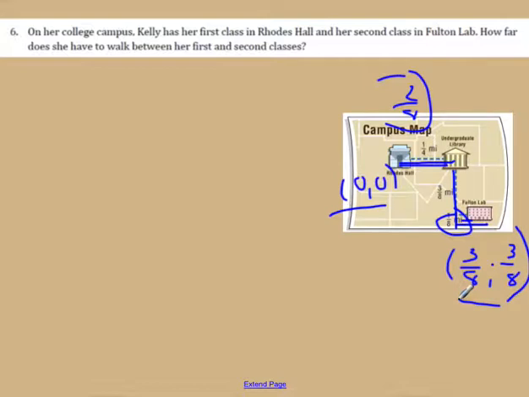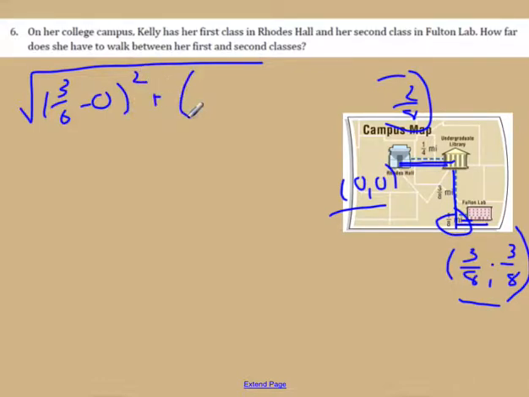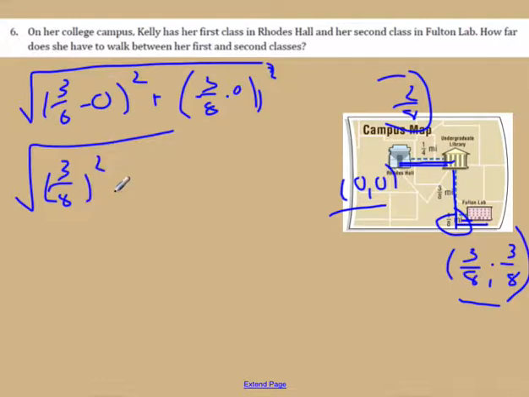So let's go ahead and do that. We're going to have the square root of x2 minus x1 squared plus y2 minus y1 squared. Then what we end up getting is 3/8 squared plus a negative 3/8 squared.